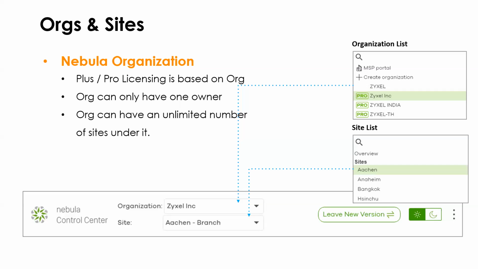Another really key thing here is an organization can only have one owner. And that owner has access to some features that only they have access to. Because of that, you generally want to have a designated account or a designated employee at your company that creates all of the organizations. That way you know which account owns it.